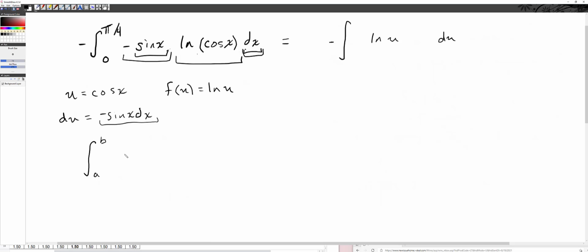Remember that for definite integrals, when you're substituting, the bounds are going to be changed. So we've got b here, which is pi over 4.